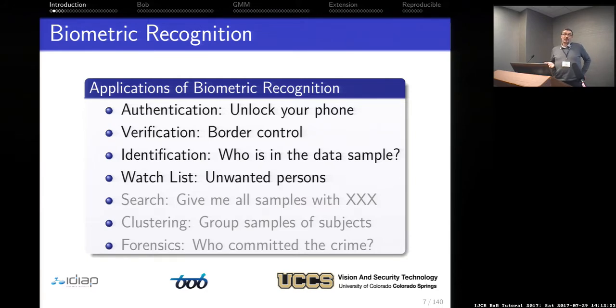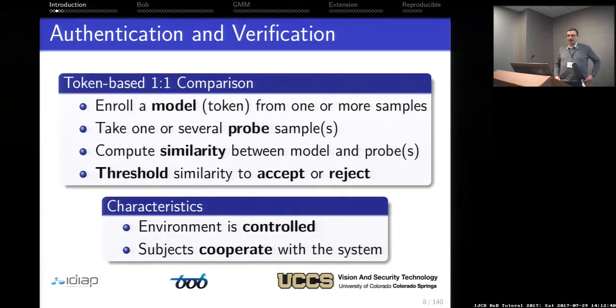And the final one is forensics, where you have an image of a suspect and you want to find this suspect in a surveillance camera image, for example. Okay, let's go a little bit deeper into how authentication and verification and all of this works.